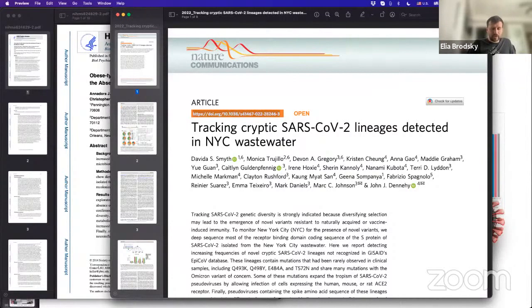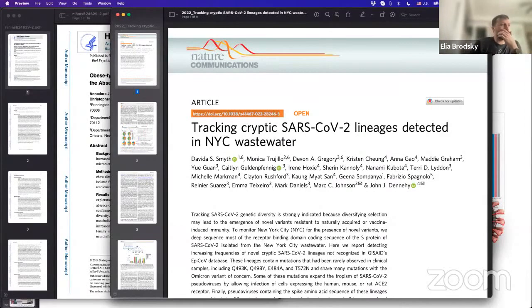It leverages wastewater sequencing, which is sequencing of a collection of different genomes in the wastewater, amplifying them with a specific amplicon sequencing approach, and then looking for novel mutations that are emerging.